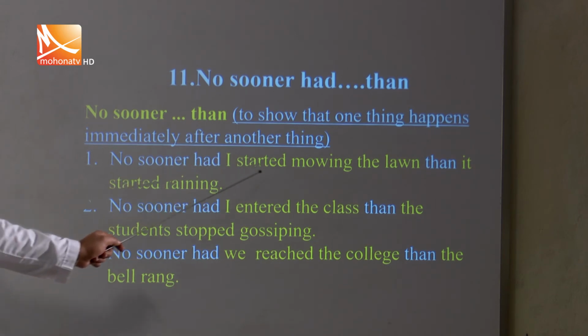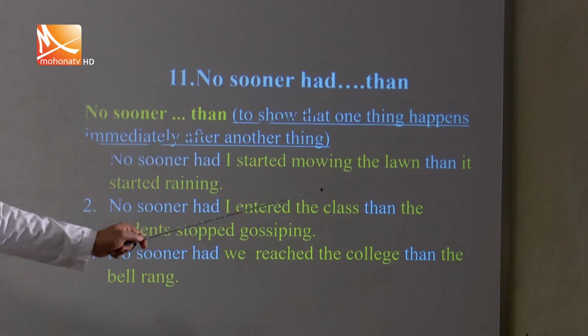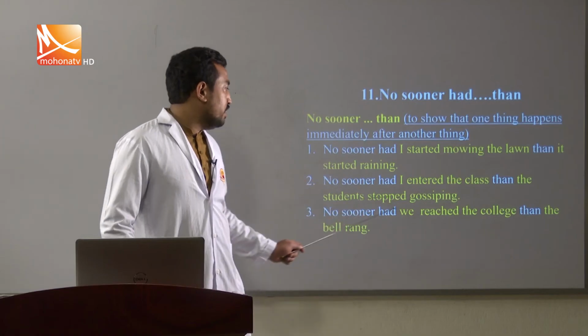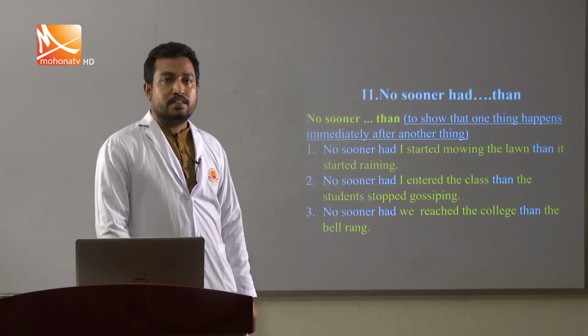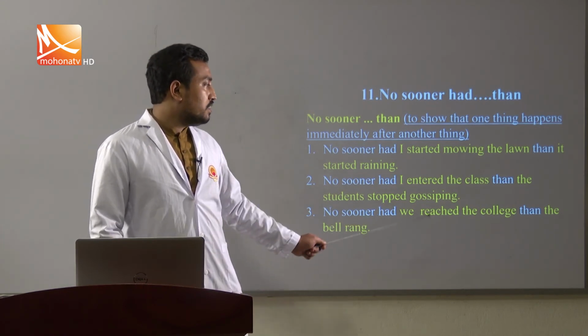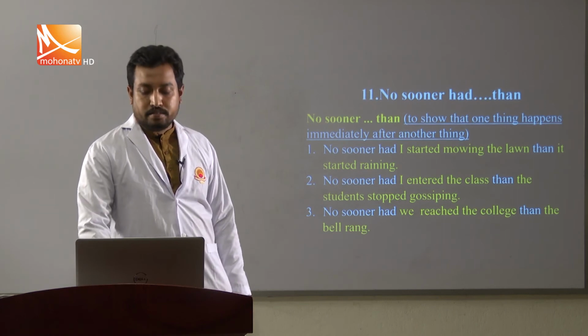No sooner had I started mowing the lawn than it started raining. We can also say, as soon as I started mowing the lawn, it started raining. The meaning is the same, but the structure is affirmative in one and negative in the other. Clear? Okay. No sooner had I entered the class than the students stopped gossiping. No sooner had we reached the college than the bell rang.